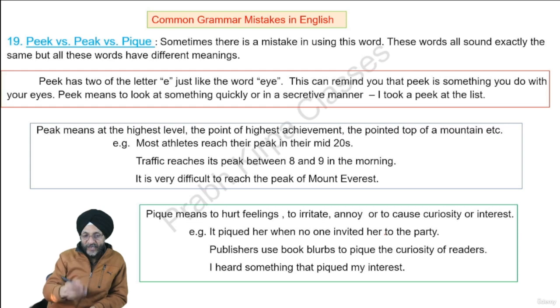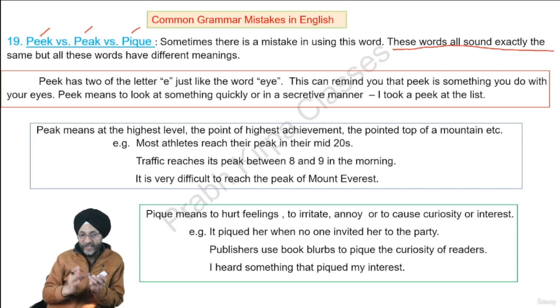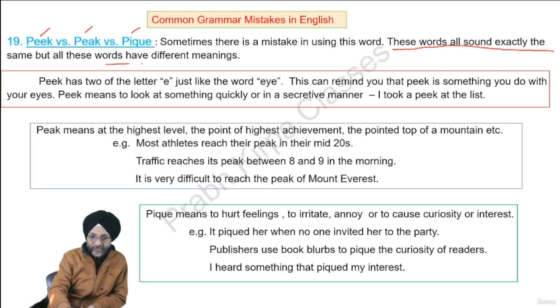Sometimes we may get confused where to use peek, peak or pique. We may make mistakes. When we speak, these words sound exactly the same, but these words have different meanings. Let us discuss one by one.